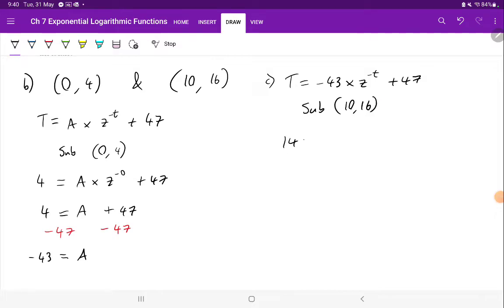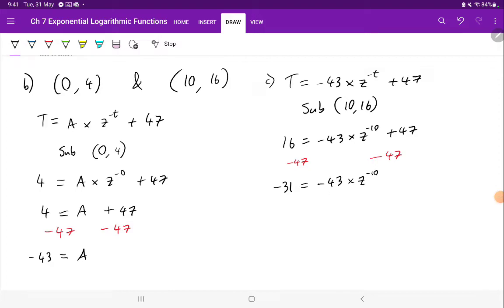So 16 equals negative 43 times Z to the negative 10 plus 47. Take 47 from both sides. In this case, it's going to be negative 31 equals negative 43 times Z to the negative 10.